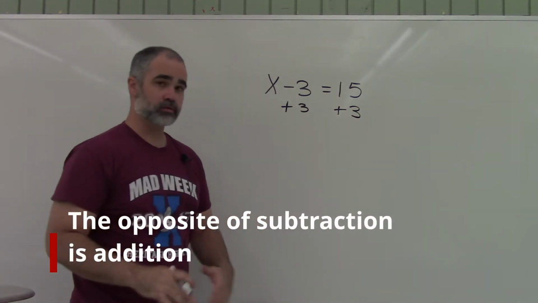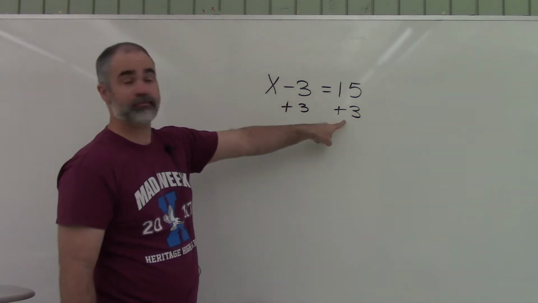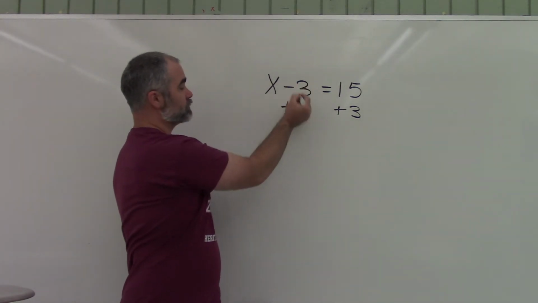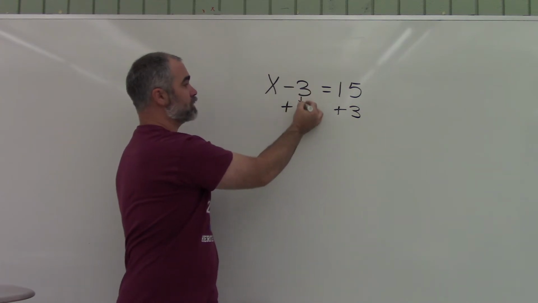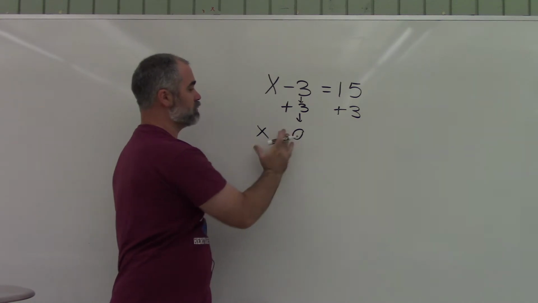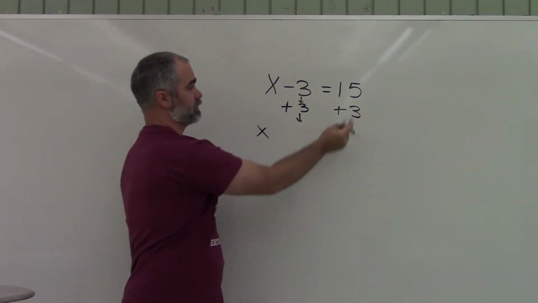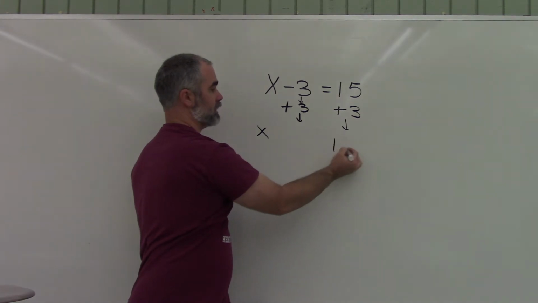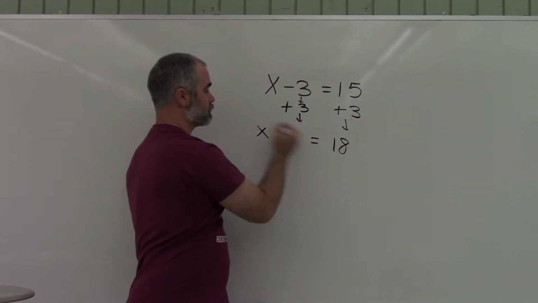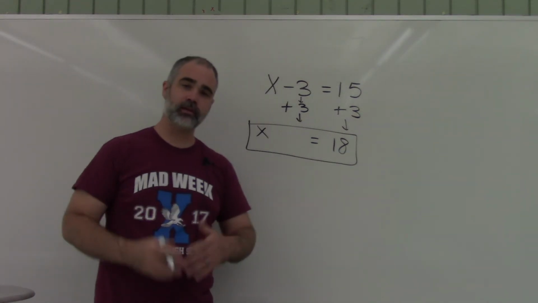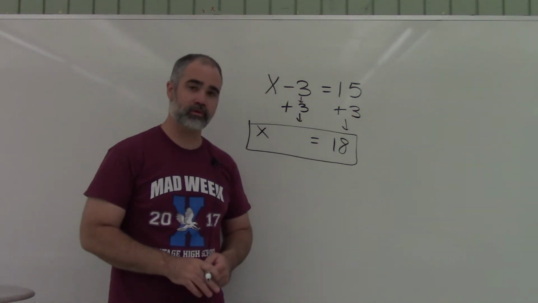That's what the golden rule says. So I'm adding 3 over here, and I'm adding 3 over here to keep it all balanced. The 3s, since they're opposites, minus 3 and plus 3, make 0. So I have x plus 0, and I don't even need to write that down. 15 plus 3 is equal to 18. Bring my equal sign down as well, and that's it. So I want you to be looking for the opposites of each operation.